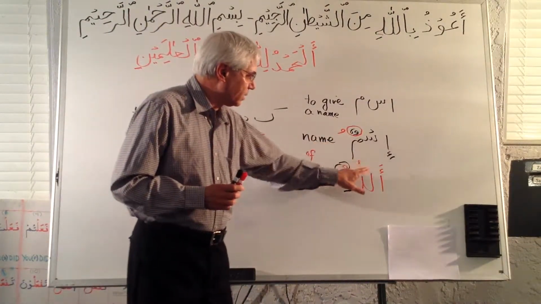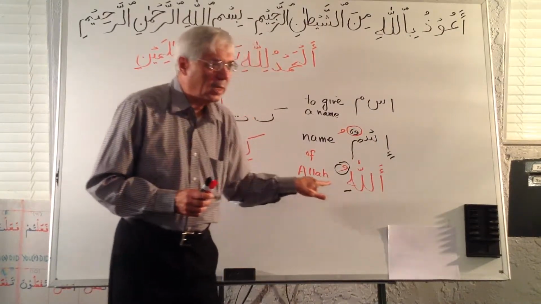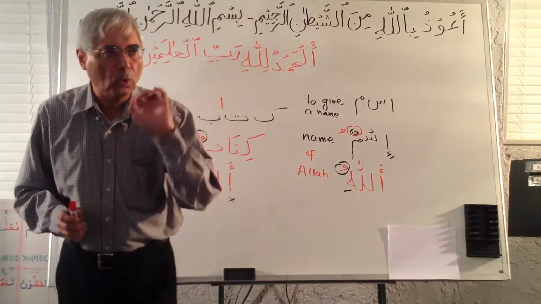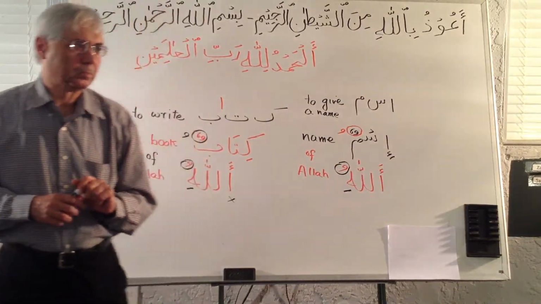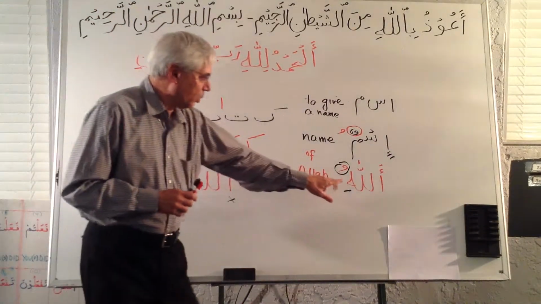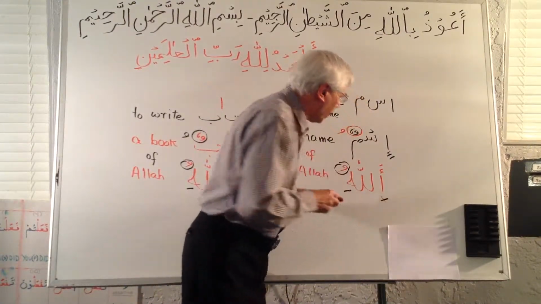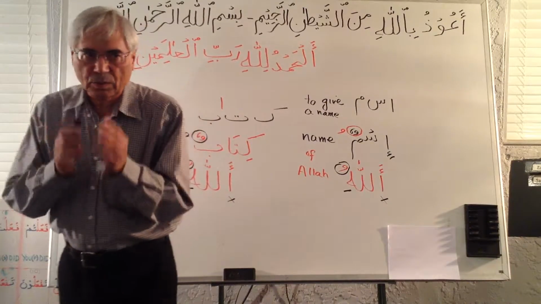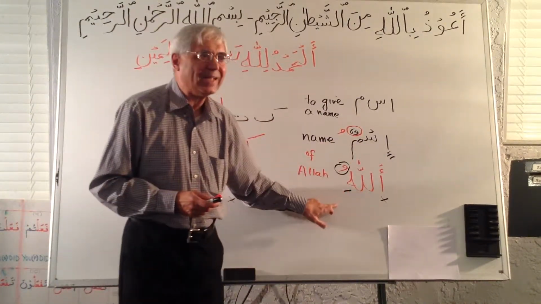Then in the tajweed we do the same thing here. If we read them combined, it will be Ismullahi, name of Allah. We do not pronounce this alif here. So it becomes Ismullahi.